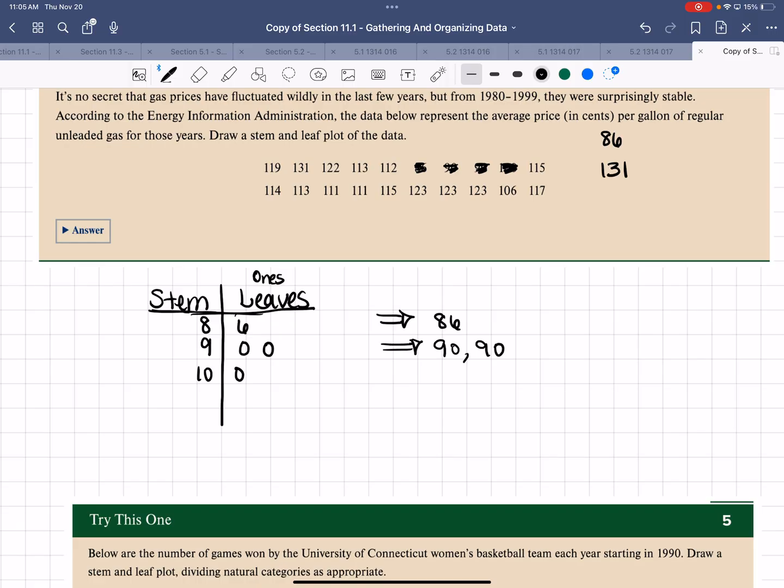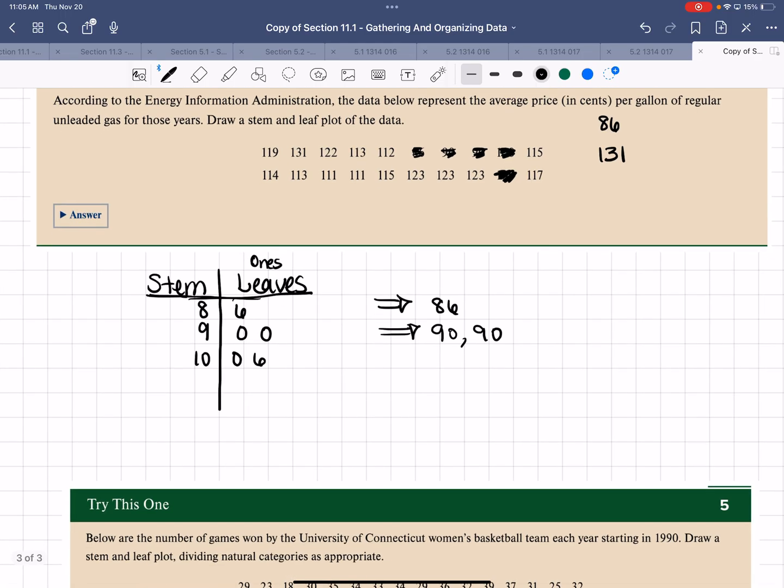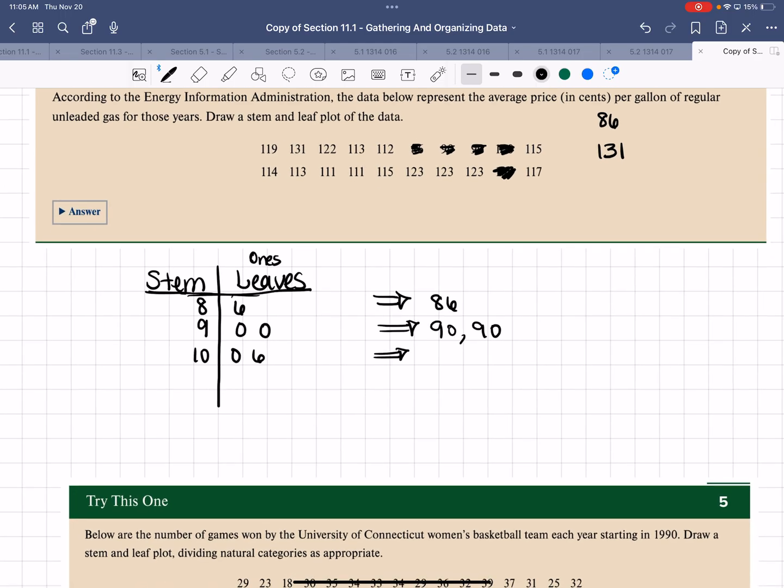Do I have any more values from 100 to 109? I got a 106, okay? So I'm going to write a 6 right there. Do I have any more? Nope. So this is telling me that this represents 100 and 106. There's the 10 with the 0, the 10 with the 6.